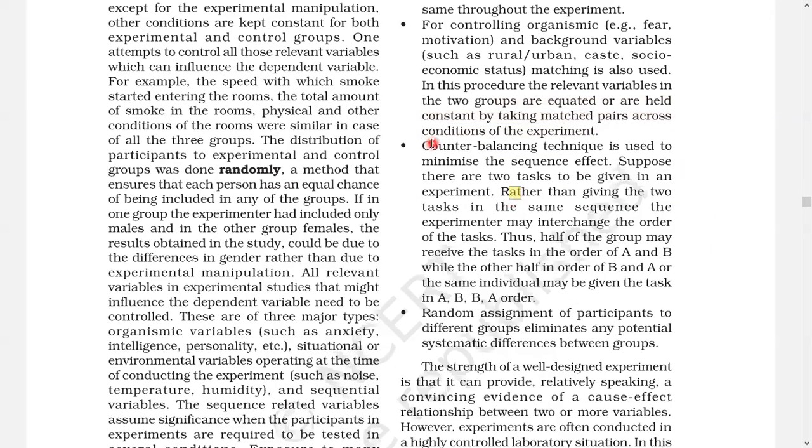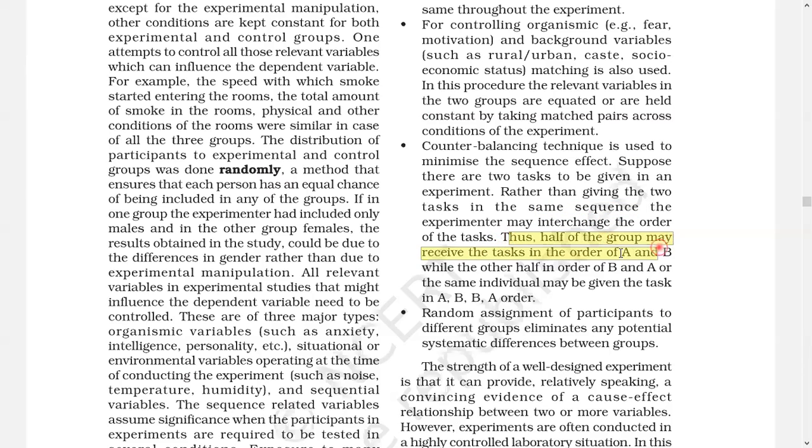Next, the counterbalancing technique is another method used to minimize the sequence effect. Suppose there are two tasks to be given in an experiment. Rather than giving the two tasks in the same sequence, the experimenter may interchange the order of the tasks.